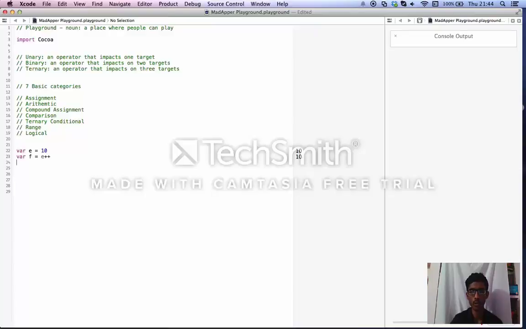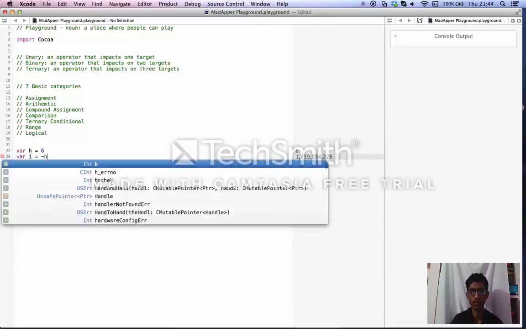Now if I say var i is equal to minus h, which is minus 6. If I say var j is equal to minus i, it's back to being 6 again. It changes it from negative to positive or positive to negative.